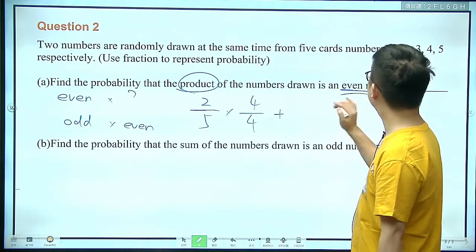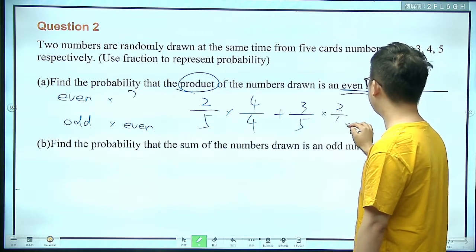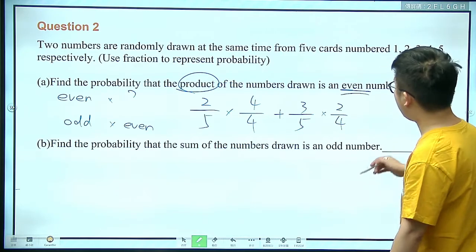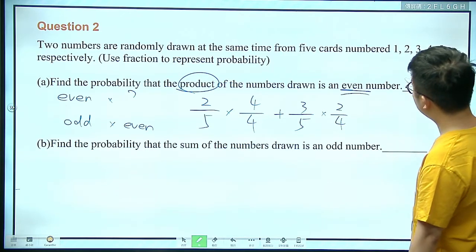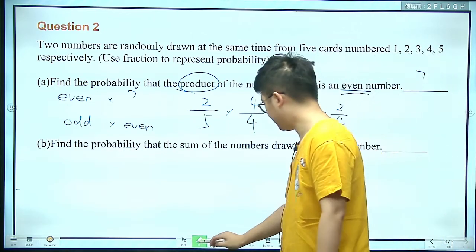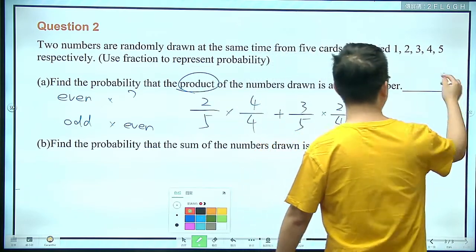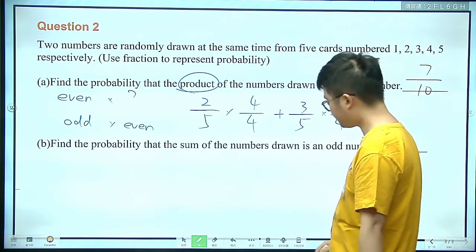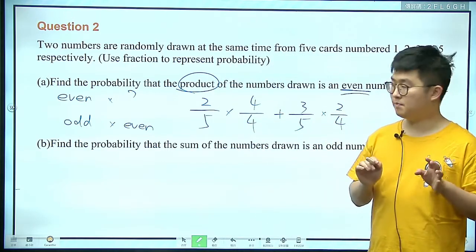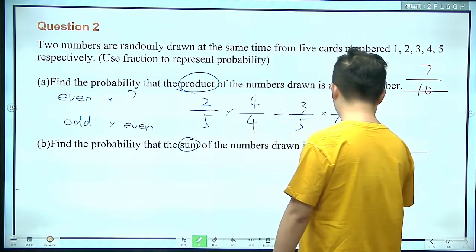So if we pick an odd number in the first place and an even number in the second place, and if we add them up, it will be 7 over 10.